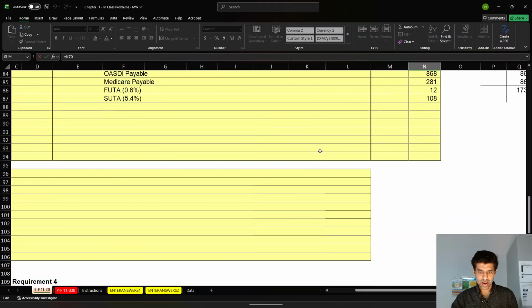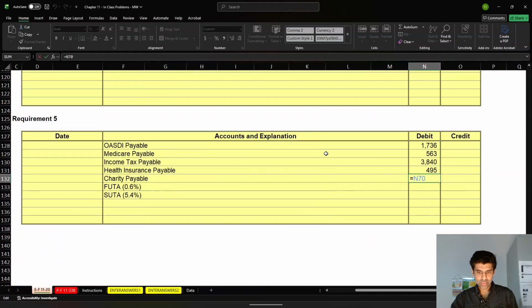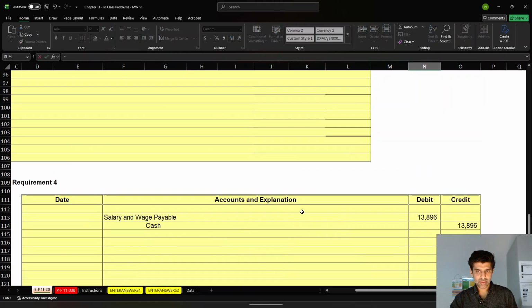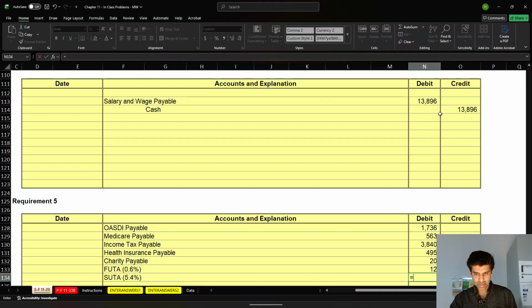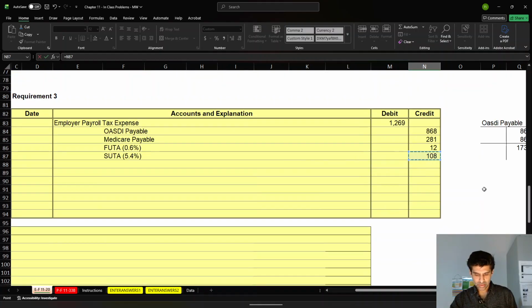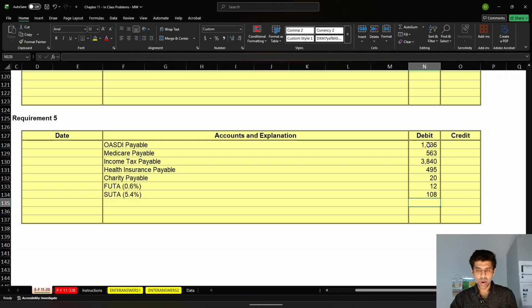Okay, so now I have all the amounts from that first salary and wage expense journal entry, and then FUTA is here, SUTA is here. Okay, so now I have all of these payables that I'm debiting. They're all going to be paid off, and I'm going to pay everything off with cash.